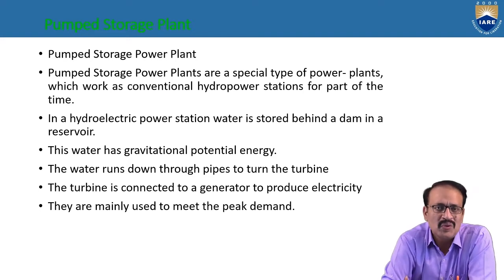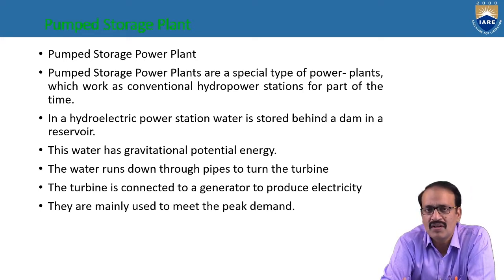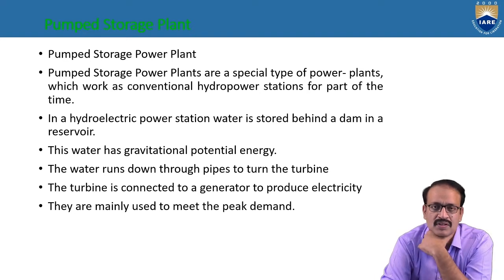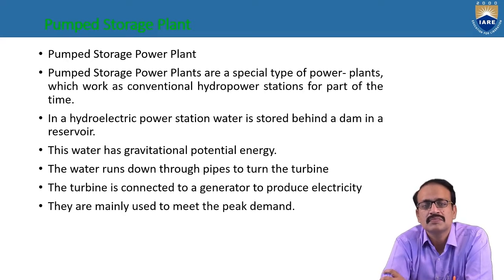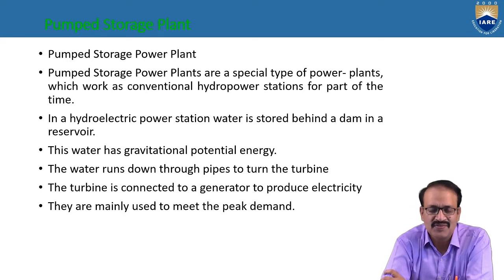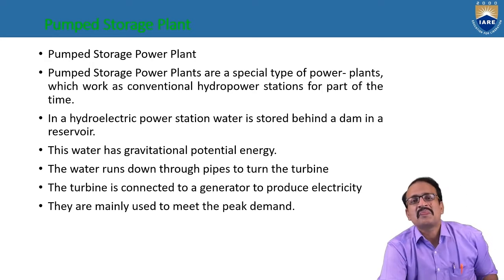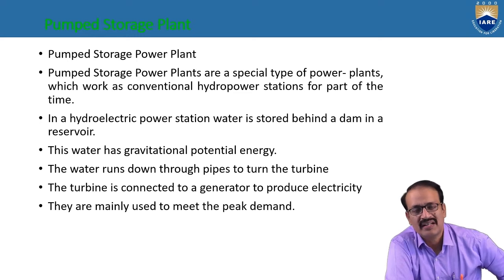So during the peak load times, if a power plant is unable to meet the peak load, we have to meet that peak load. So during those times, we will release the water in this dam or plant, and we will generate the extra power which is needed to meet that peak load or demand.